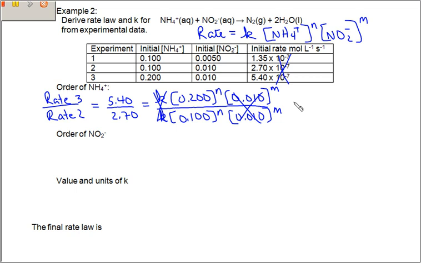So what we're left with is 2 equals 0.2 divided by 0.1, which is also 2, to the N power. Therefore, N has to equal 1. So now we know that this value here is 1.